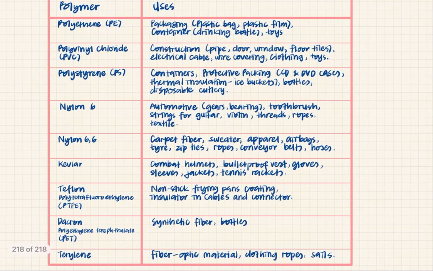Kevlar is used to make combat helmets, bulletproof vests, gloves. Teflon is used to make the coating of non-stick frying pans. Dacron is used to make synthetic fibers and bottles. Terylene is used to make fiber optic materials, clothing, ropes, and sails.